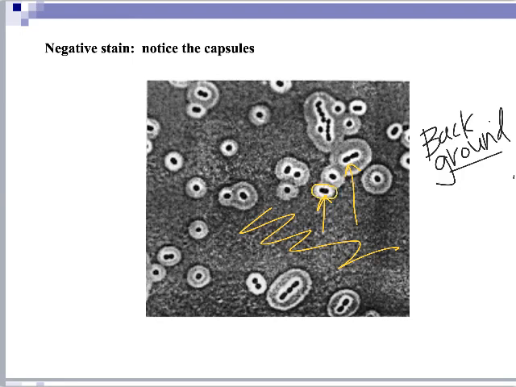The capsule, we'll talk about in the next chapter, is just kind of like a coating of carbohydrates and proteins that are around it, and it doesn't pick up the stain. The capsule has to do with pathogenicity, and I'll talk about that more in the next chapter. But a negative stain, the idea is we're staining the background of it.